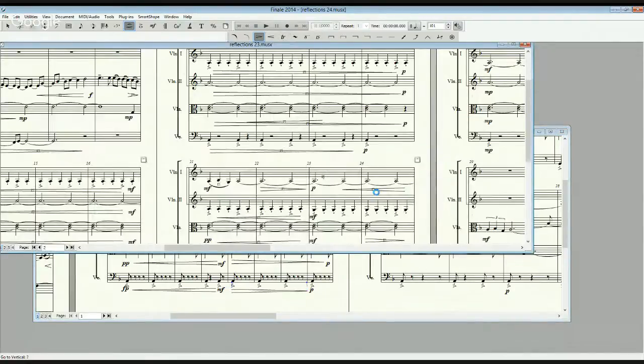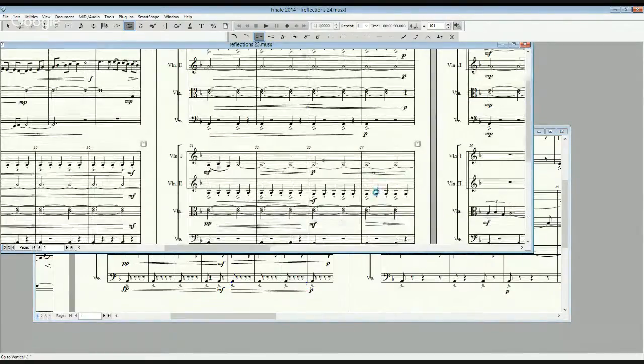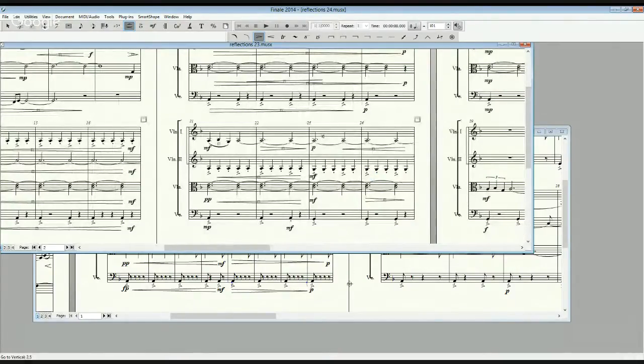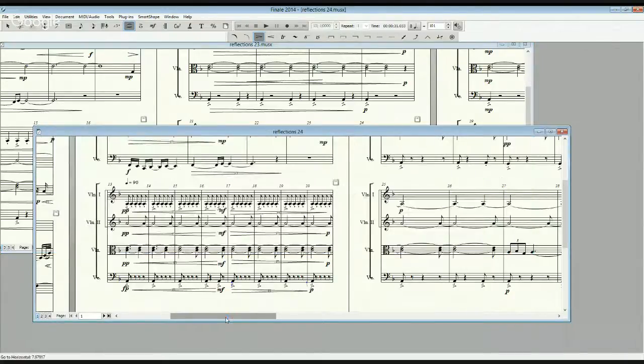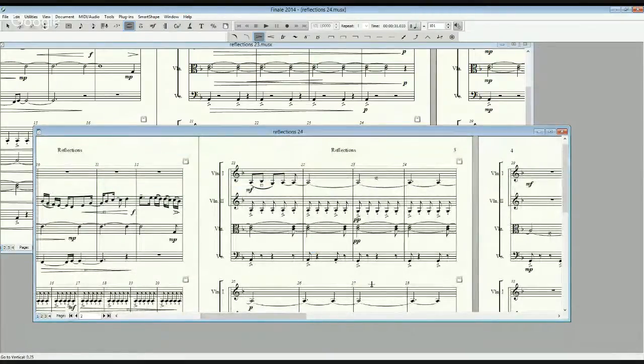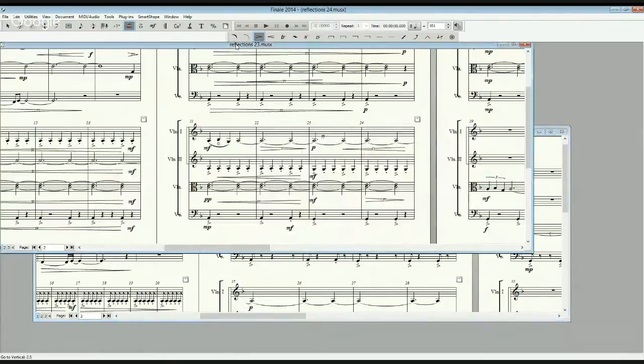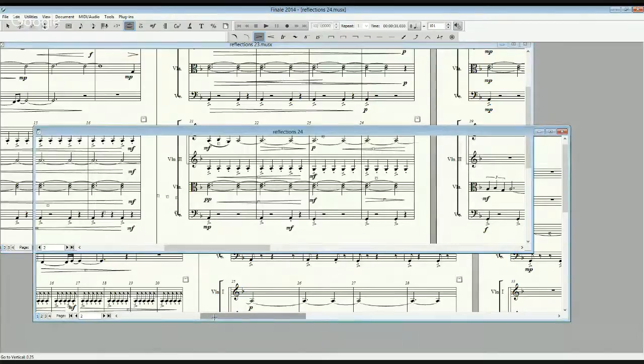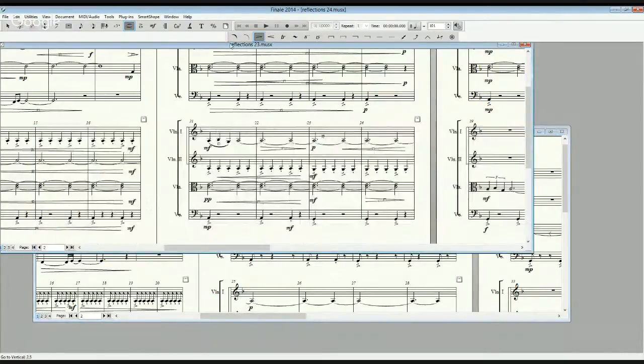Okay. That's that. So that's a piano. That's a 14.